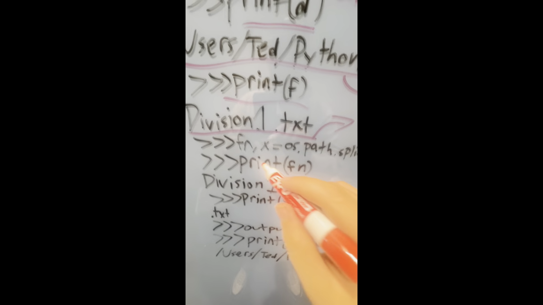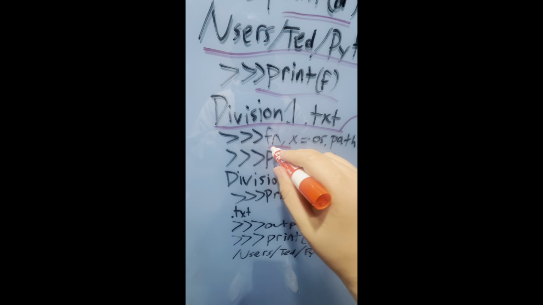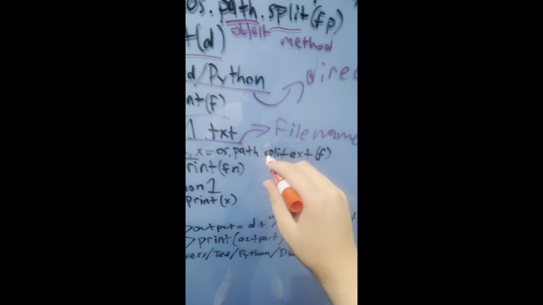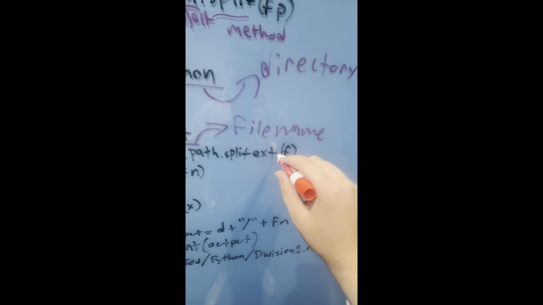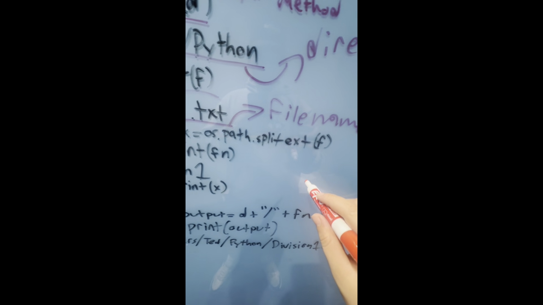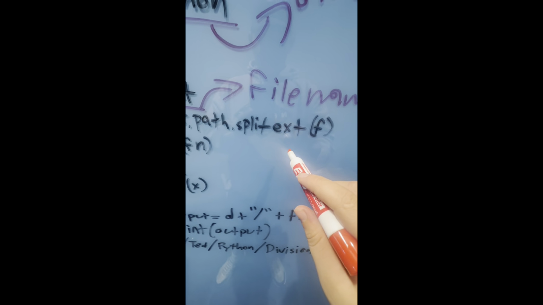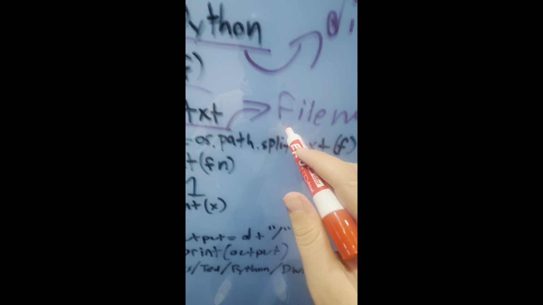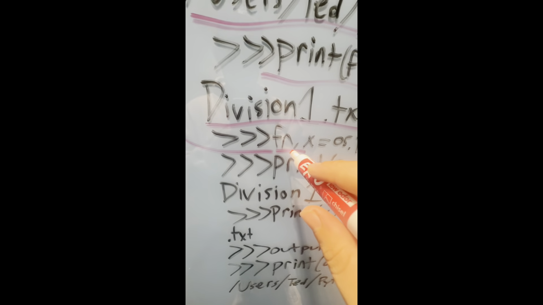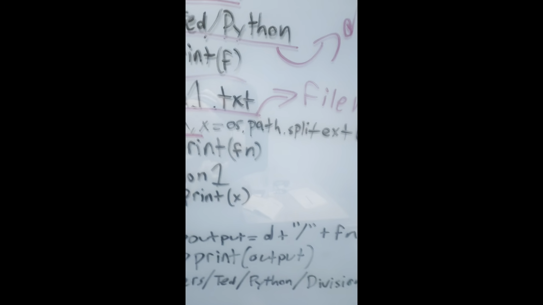Okay, now we're doing pretty much the same thing here. fn and x, these two variables, okay? os.path.splitext(f). So what that is doing, well, very similar to this one. We're using the splitext method from the path object from the OS module to split f into its file name and extension, right?